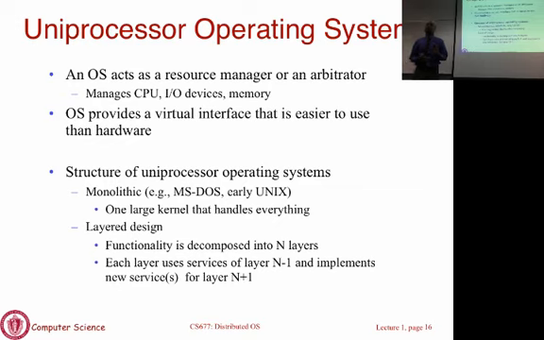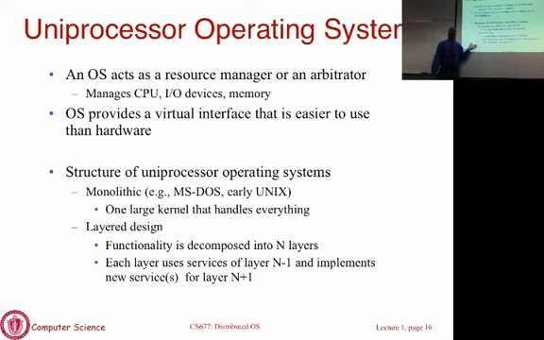All that is handled for you by the operating system. So its job is to be a resource manager, to manage the resources and provide easier to use abstractions. Now, uniprocessor operating systems are operating systems that run on single processors. So that's how they were built in the old days.